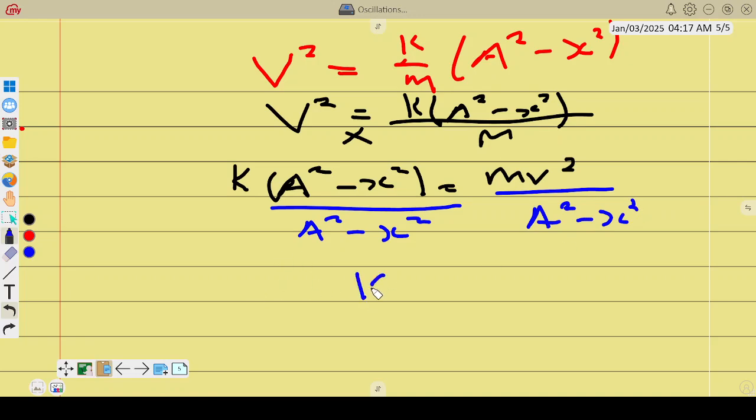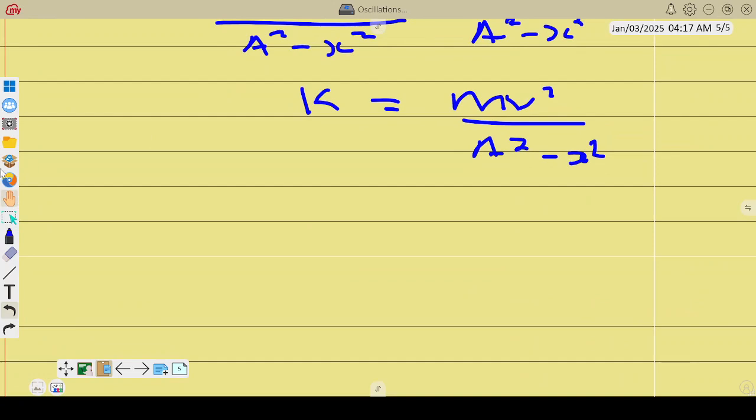So finally k will be equal to m v squared over a squared minus x squared. What's remaining is simply substitution.